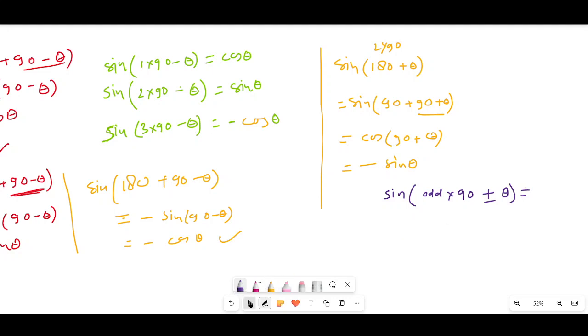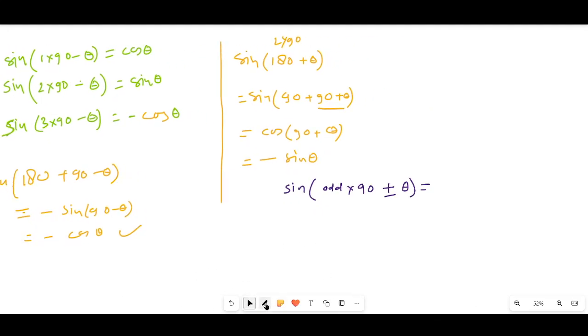If we have understanding about this, then we will be able to find the value according to this rule. Clear? If we use an odd number, then it will become cos only. And what will be the sign? According to the quadrant. It will be cos theta according to the quadrant.